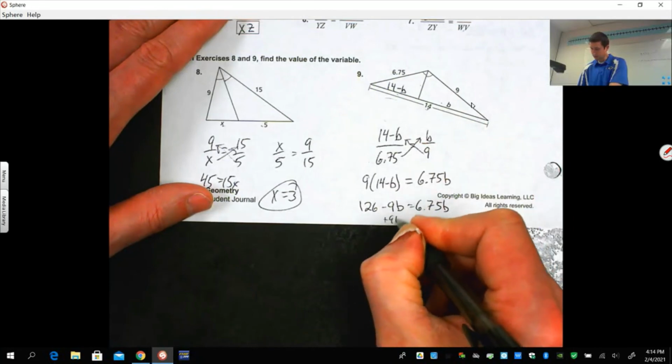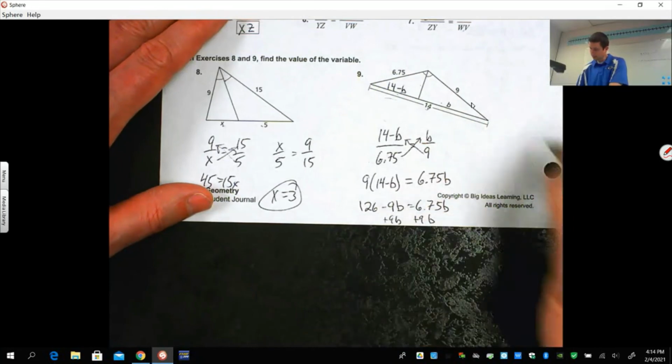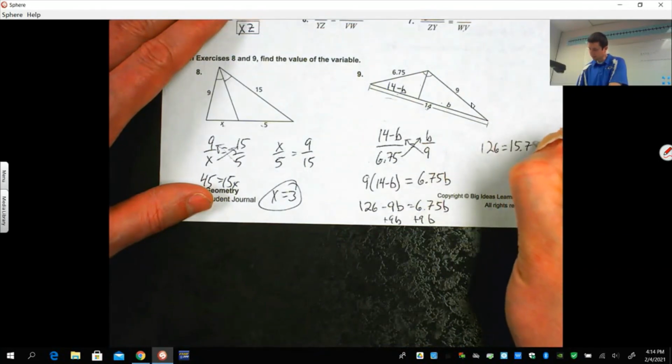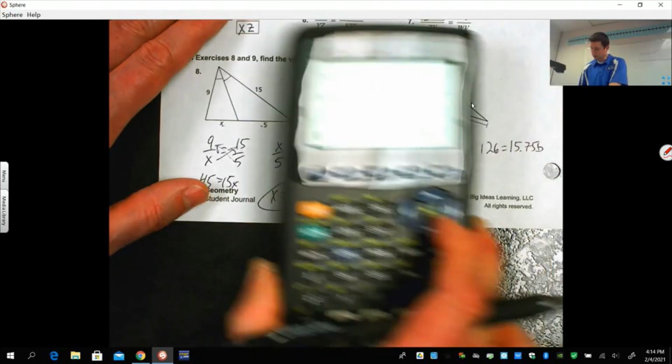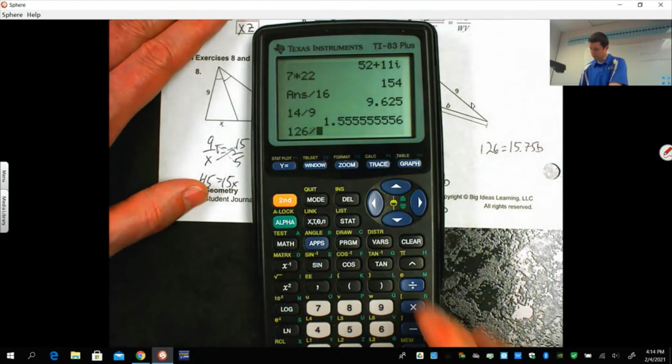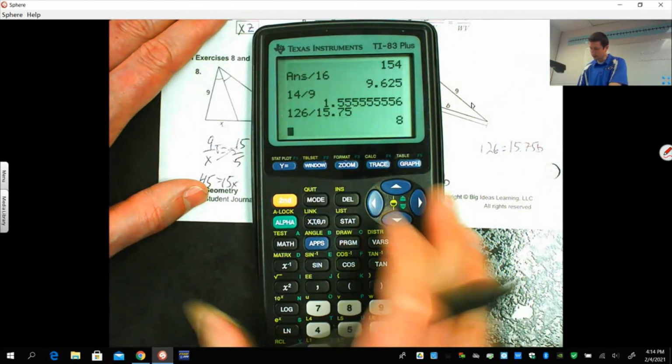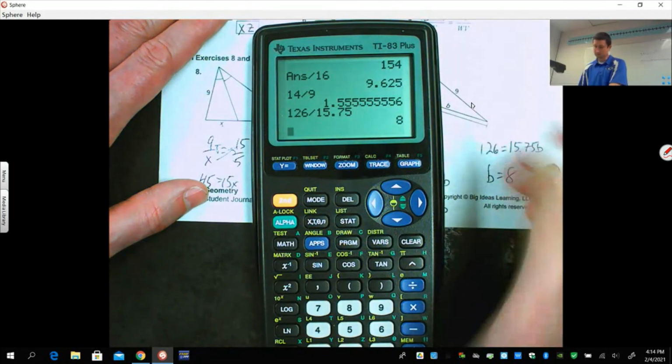Add the 9b over. You're going to get 126 equals 15.75b. Let's get the 126 divided by 15.75, and we get b to equal 8.